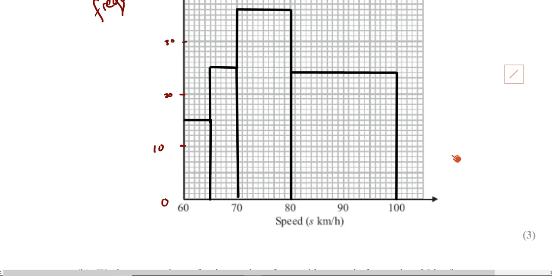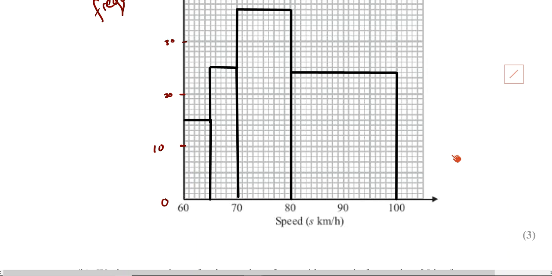Now, if I'm looking at this graph, I'm supposed to be able to look at the chart and make judgments quite quickly without having to think about it too much. Which group does my eye get drawn to a lot? The biggest ones, right? Normally with a frequency diagram, the highest bar is the largest.